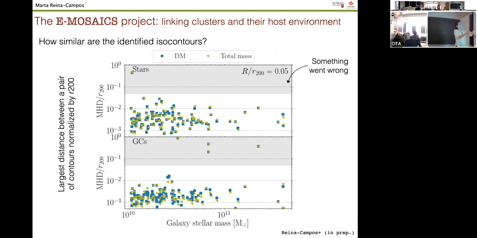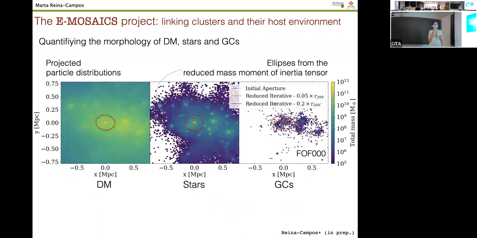Now that we've looked at how similar these contours are, something else that we can do with these distributions is try to quantify the morphology a bit more. Using these contours is not a standard technique within the community, but it's fairly common to calculate the moment of inertia tensor for a given spatial distribution, and so get the eigenvalues and eigenvectors. This is what I'm going to be doing now.